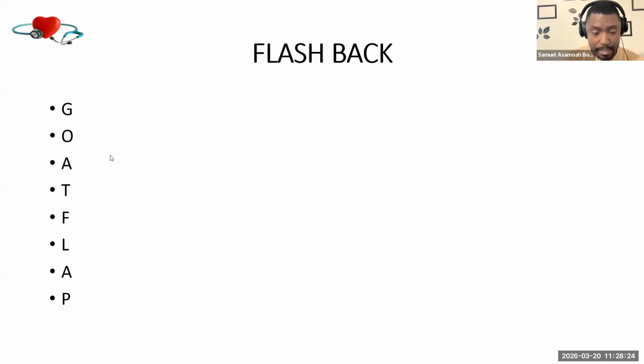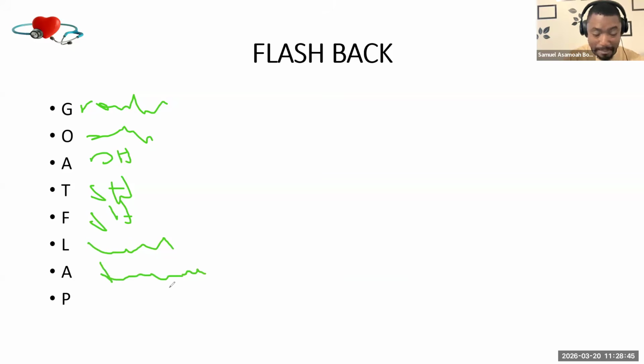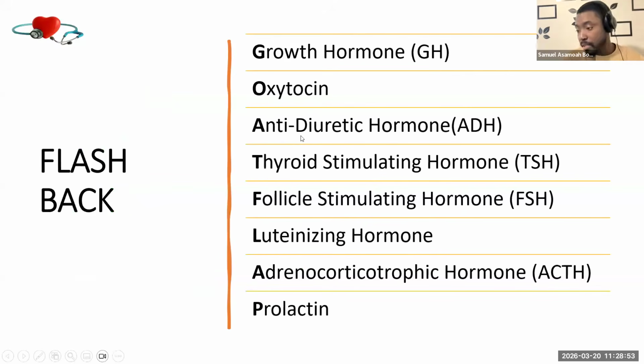We have the growth hormone, the oxytocin, antidiuretic hormone, the thyroid stimulating hormone, follicle stimulating hormone, luteinizing hormone, adrenocorticotropic hormone, and prolactin. That was beautiful, guys. Let's not waste time on it.